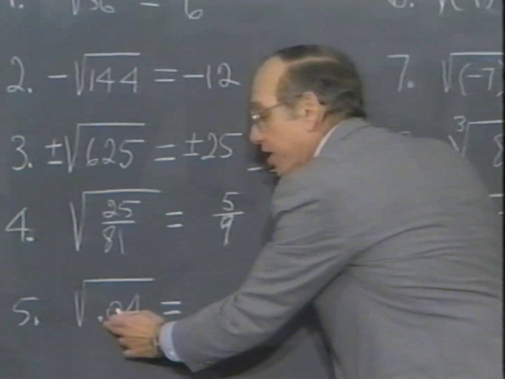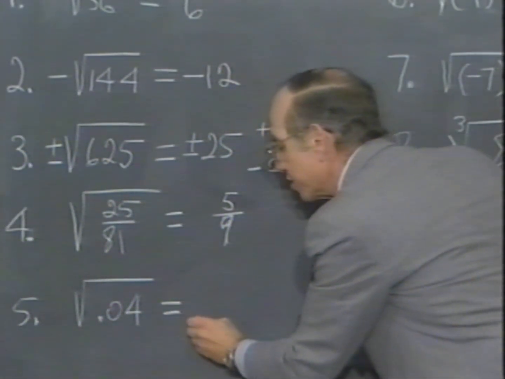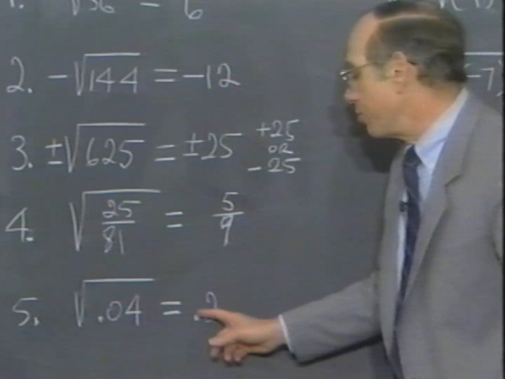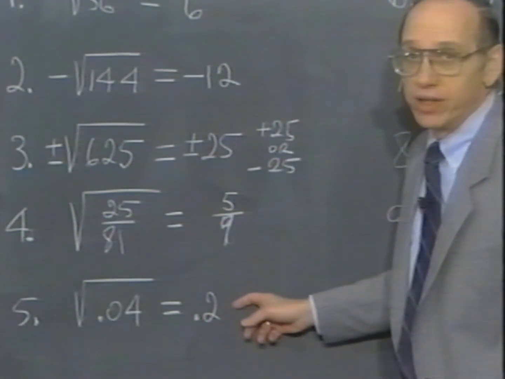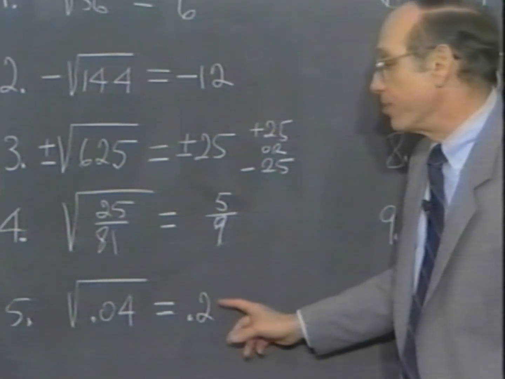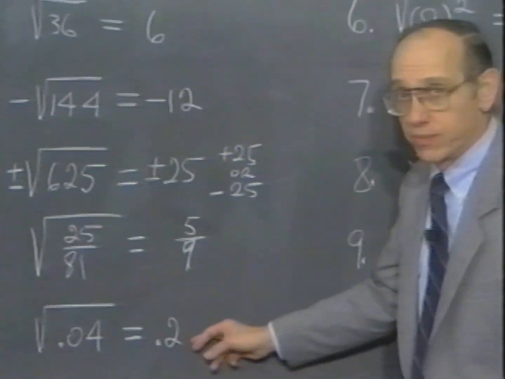So, in fact, the proper number that has to be multiplied by itself to get 0.04 as an answer is simply 0.2. Now check that one. 0.2 times 0.2 is 0.04. Make sure you understand that one. We might have to take square roots of decimals at later points.